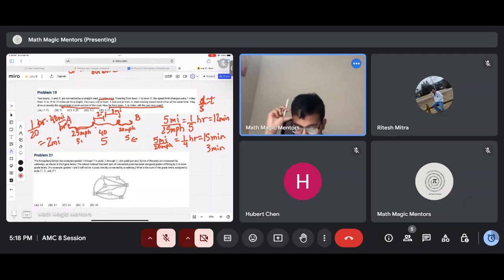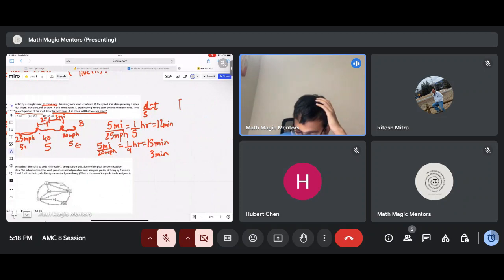And they're both traveling at the same speed. What that means is, just think about this, right? So I have two cars. So let's say this is car A, this is car B, right?